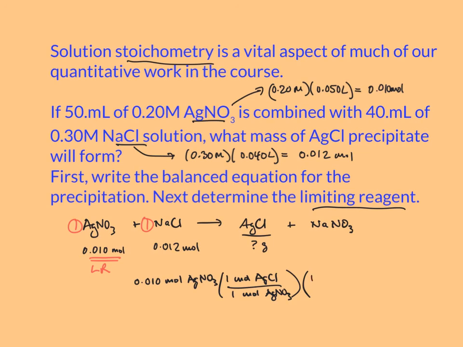And multiply by the molar mass of 143.5 grams per mole of AgCl. And we end up with 1.4 grams of AgCl. I've solved this problem with 2 significant figures, thus I have a 2 significant figure answer.